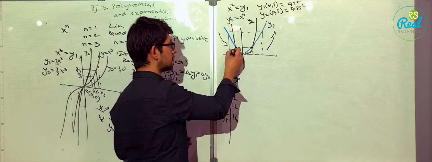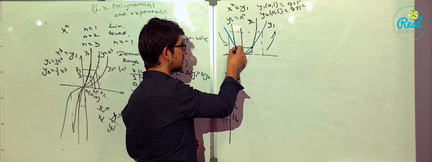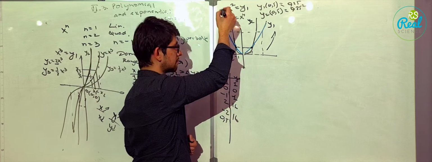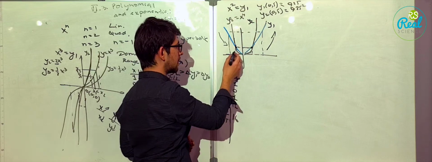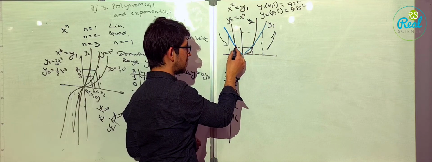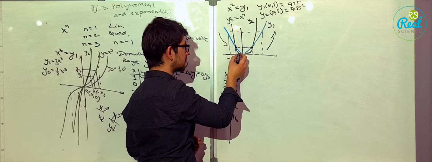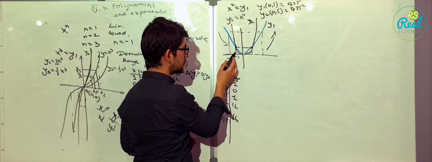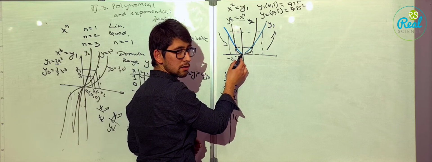You can see that your y2, from minus infinity till minus 1, is increasing faster. Yes? x to the 4 is increasing faster. But within the interval from minus 1, not increasing but decreasing, right? Decreasing faster. From minus 1 till 0, your function x to the 4 is decreasing slowly.